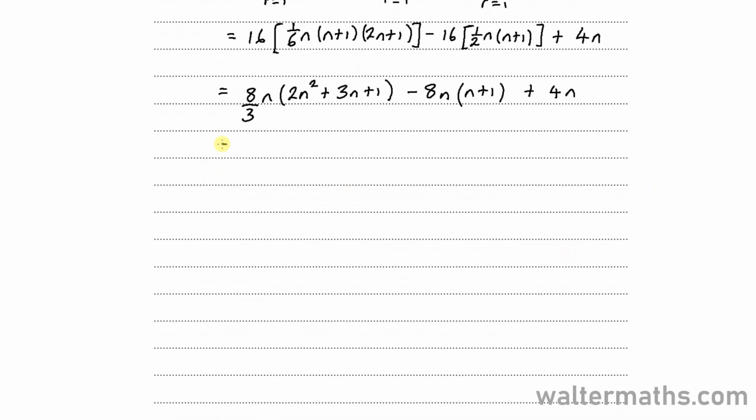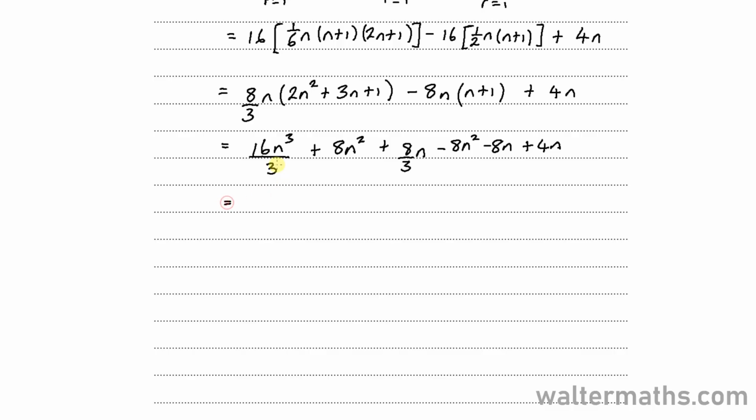So next, expanding the brackets, 16n cubed over 3, plus, multiplying 8/3 of n times 3n, we'll be having 8n squared, plus, multiplying 8/3 of n times 1 is just 8/3 of n, and that's minus 8n squared minus 8n, and that's plus 4n.